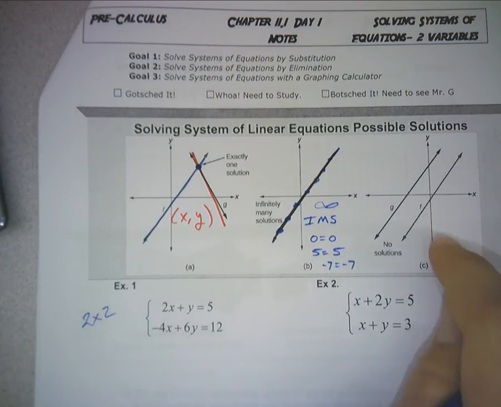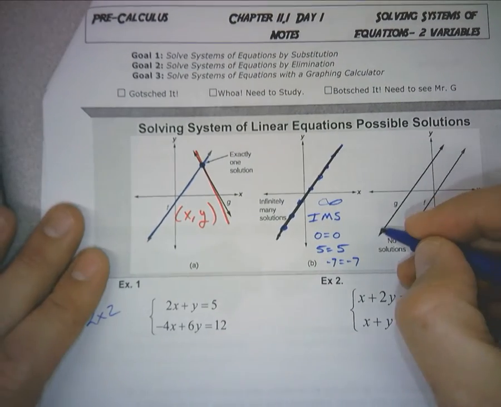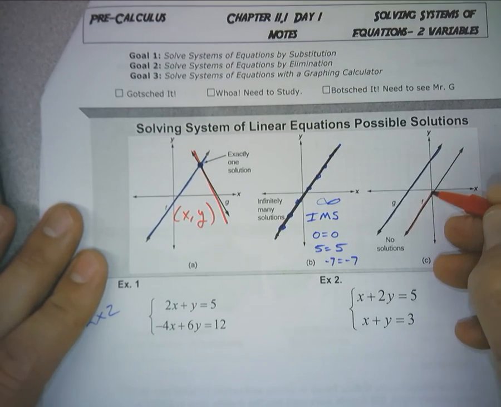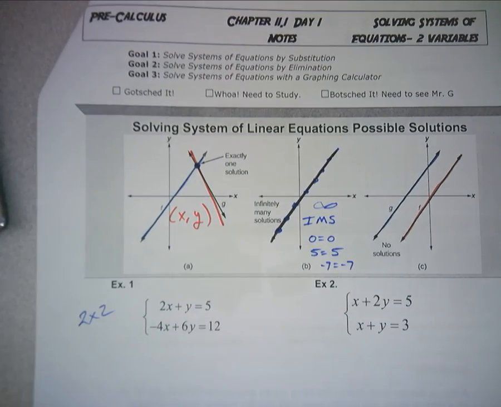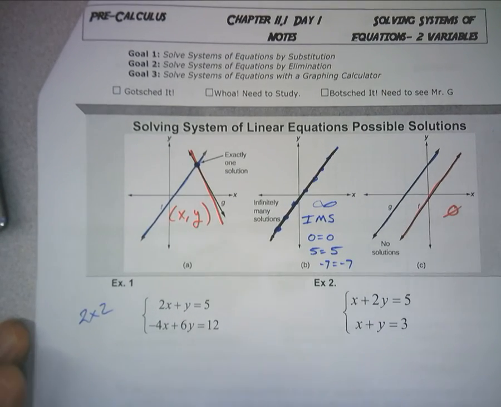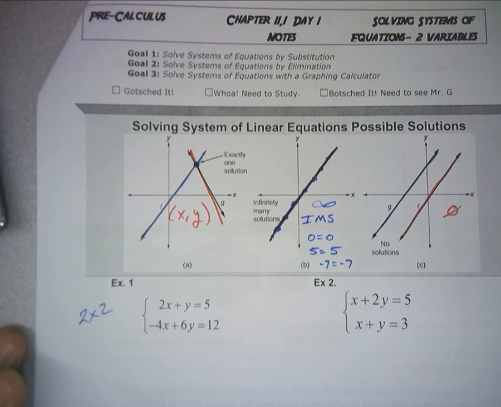This guy's inconsistent, and this is where the blue line and your red line do not intersect, and we know those are parallel lines, okay? So this is no solution, the empty set, the null set, whatever you want to say.